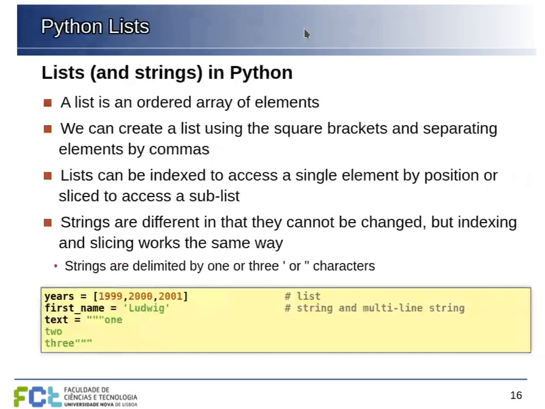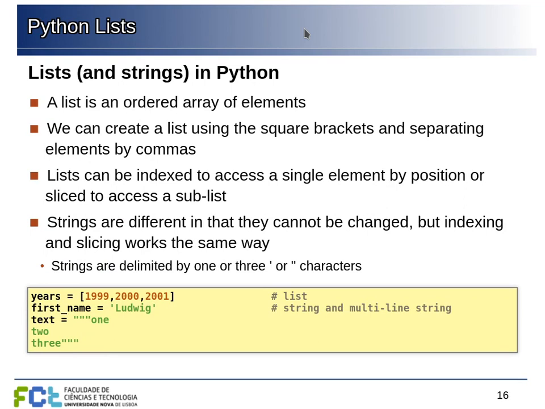So let's take a look at lists, which have some common aspects with strings and tuples. Basically, all these are ordered arrays of elements that you can access by their index and that you can slice and so on. In the case of a list, you can create one by using square brackets and commas to separate the elements.